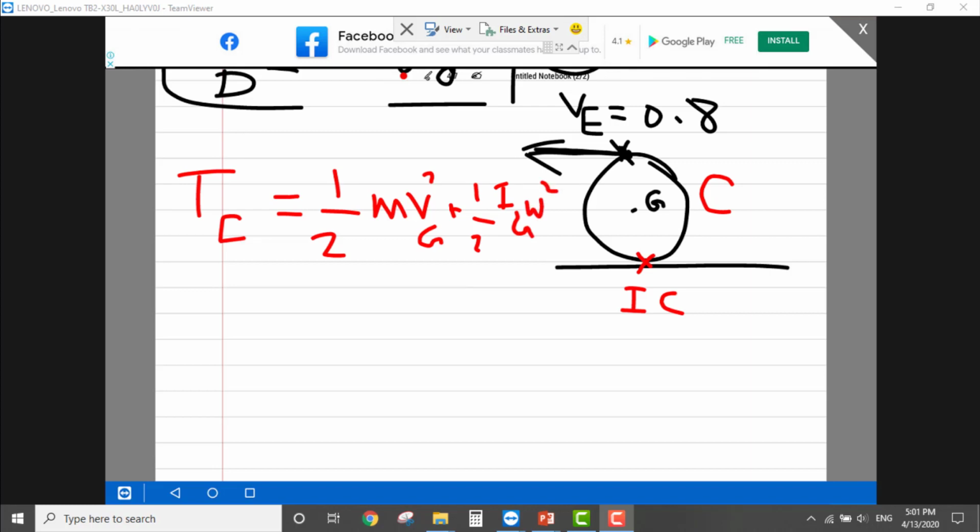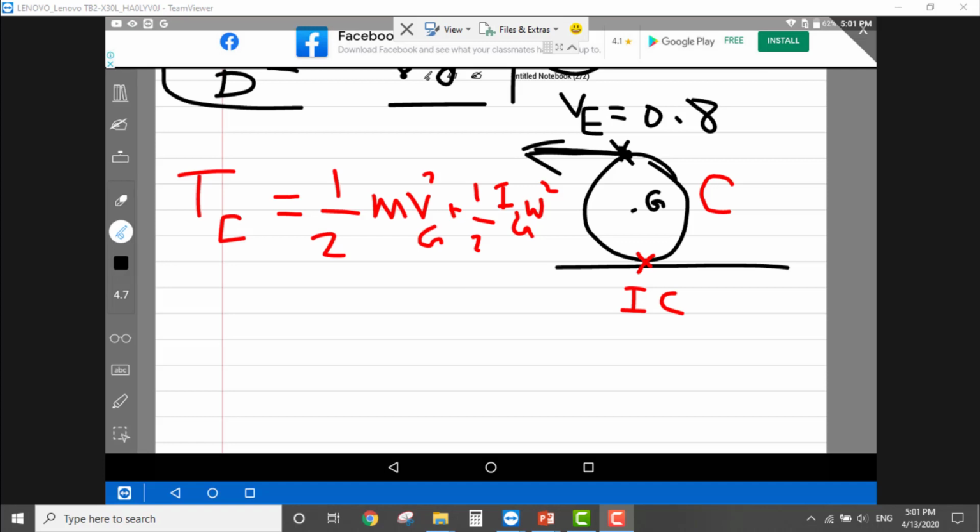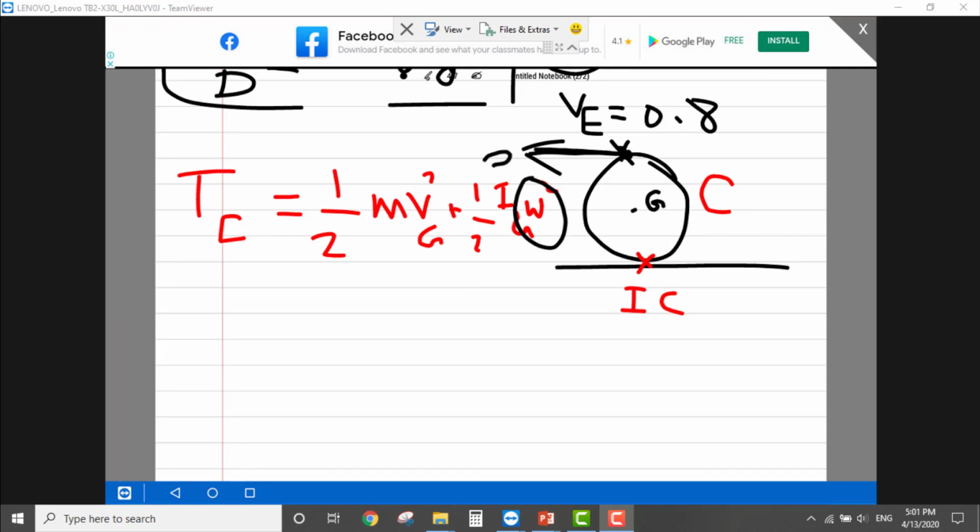Now in this equation there are two unknowns. We have omega unknown, and we have the centroid velocity unknown again. So we need to find them first. How to find them? Let me erase this equation.